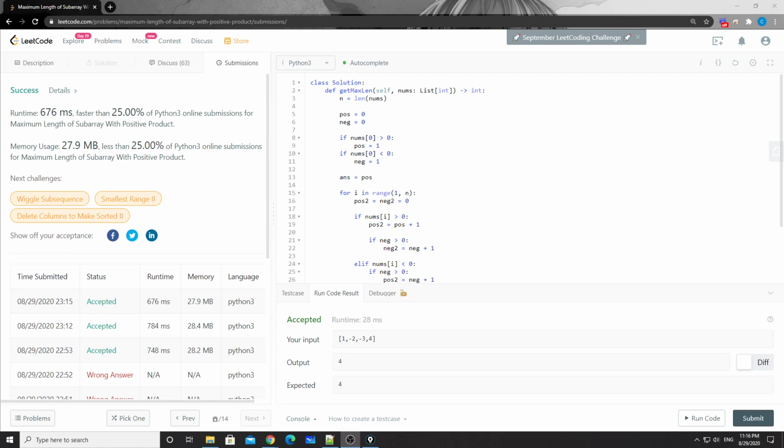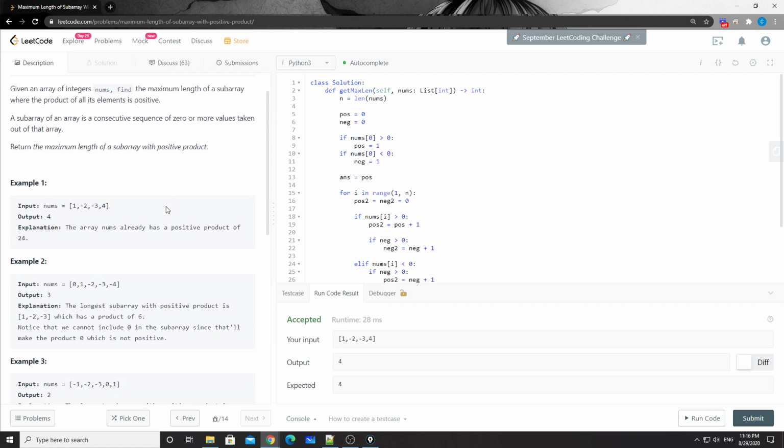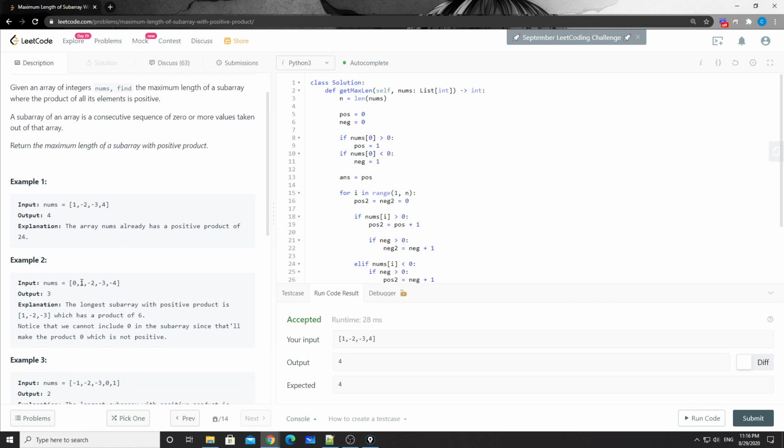Okay, cool. I think that's pretty much what I want to talk about for this problem. I agree it's a tricky problem, because at first glance you may think about different approaches. I even thought about binary search, or maybe a sliding window.